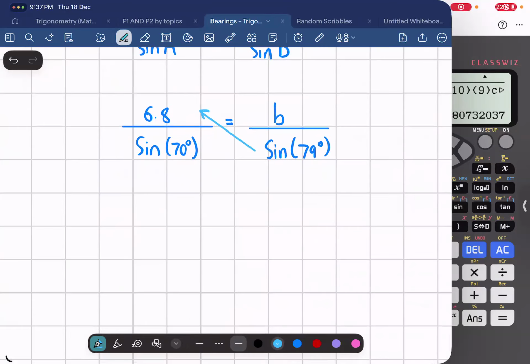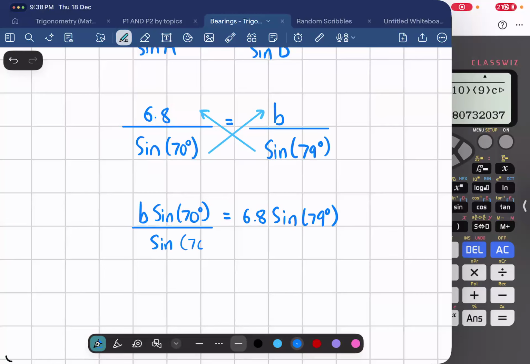So it will be b sine 70 degrees equals 6.8 sine 79. And the next step, we want to find for B, so you'll divide both sides by sine 70. All right.